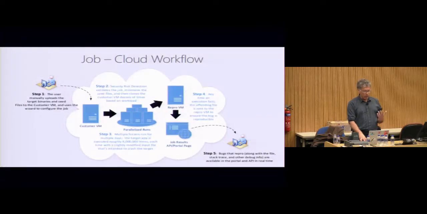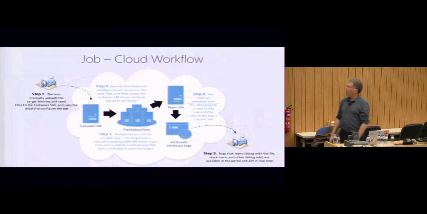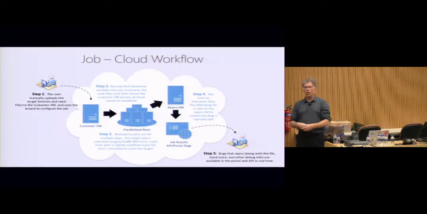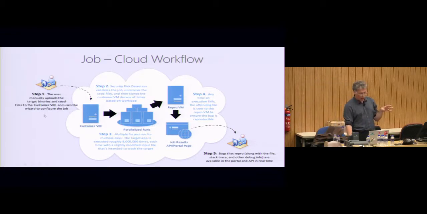So this is what Sage is, but it's now been encapsulated in a service, and this service we are making available. It is an Azure service that uses Sage and other fuzzers, but you submit a job, a binary, and some input files, and you say, here's the function in the binary that I want you to fuzz, and now it parallelizes over many machines.